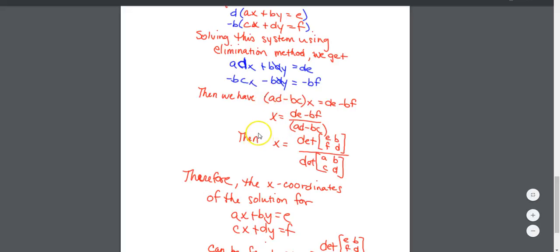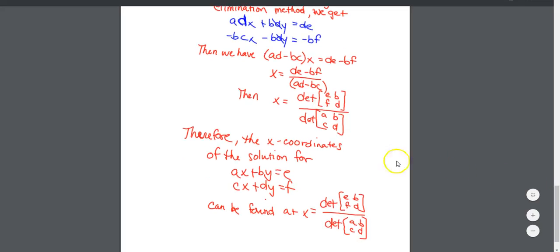And then we can turn this DE minus BF into the determinant of the appropriate matrix, and then AD minus BC into the determinant of the appropriate matrix. Always need a conclusion.